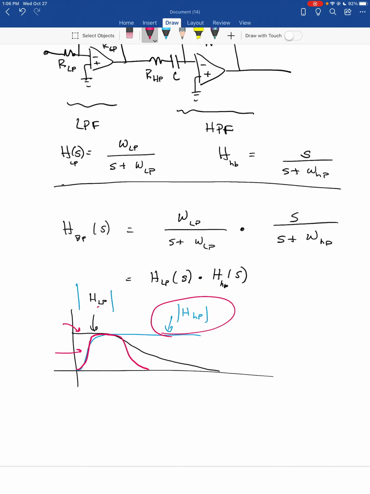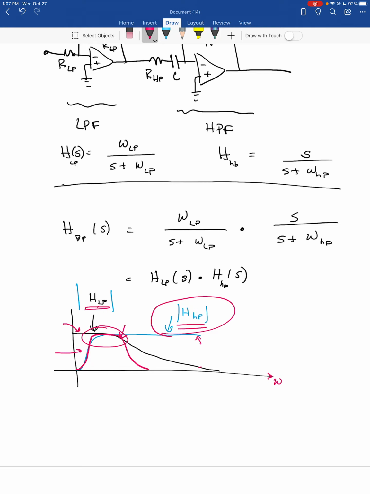As the low pass filter goes to 0 at high frequencies, the low pass will zero out the values of the signal coming from the high pass filter. So there's some region in between where both are active, as long as the cutoff frequency of the low pass filter is greater than the cutoff frequency of the high pass filter.